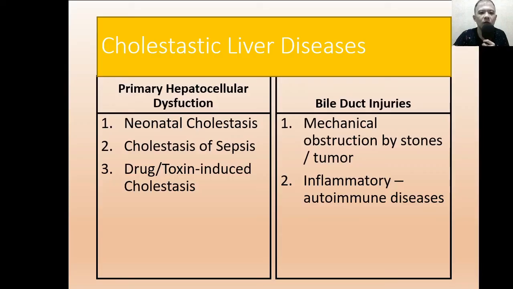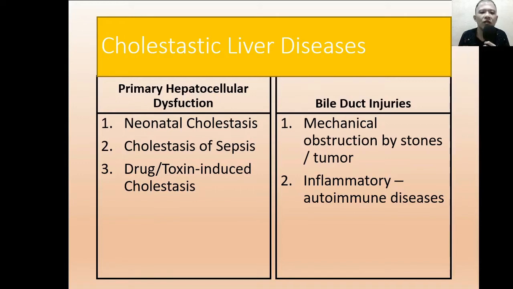So next, here we have liver diseases that are secondary to retention of bilirubin. We call them cholestatic liver diseases. You can have a cholestatic liver disease from primary hepatocellular dysfunction or bile duct injury.